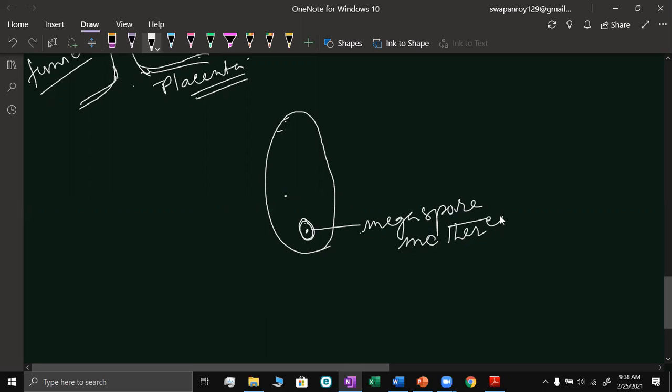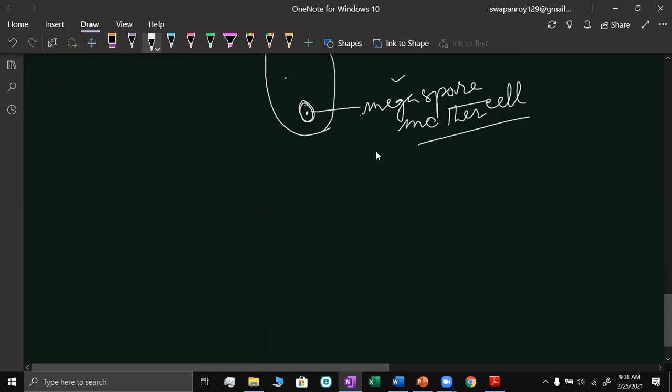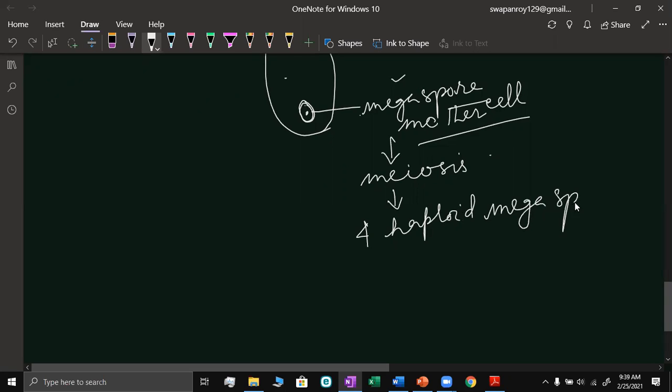So within the nucellus develops the megaspore mother cell. This megaspore mother cell undergoes meiosis division, and by meiosis it produces 4 haploid megaspores.